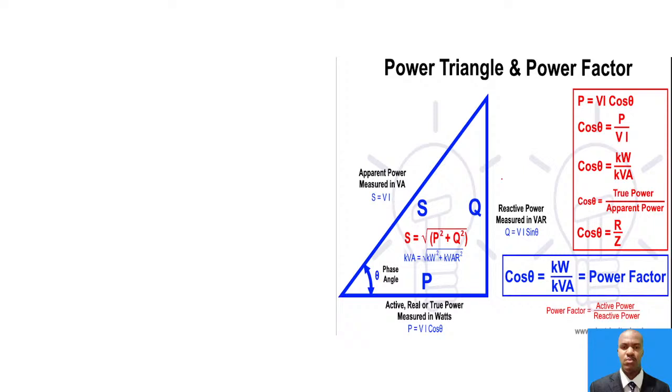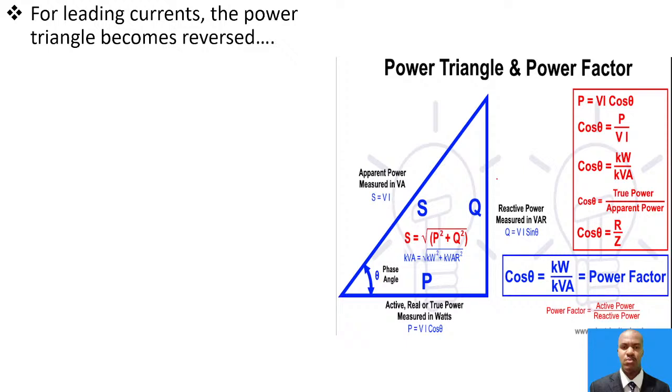If you have a device that is taking leading reactive power, e.g. a capacitor, and you connect it in parallel with the load, then the lagging reactive power of the load will be partially neutralized, and that improves the power factor of the load.